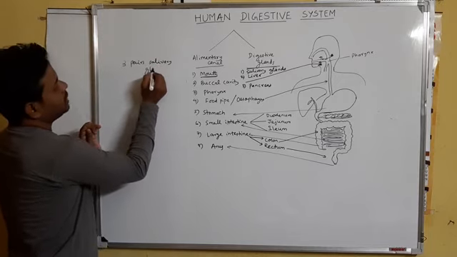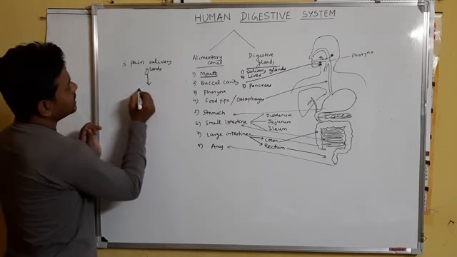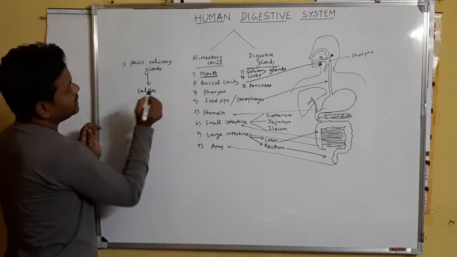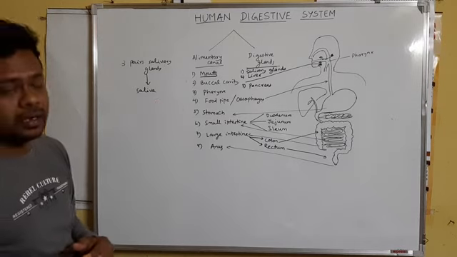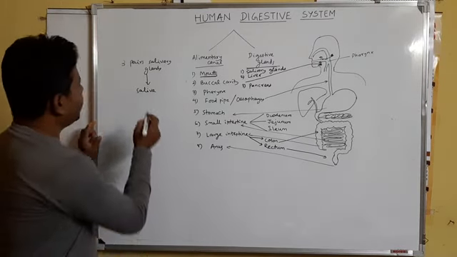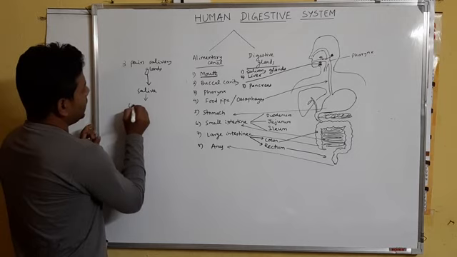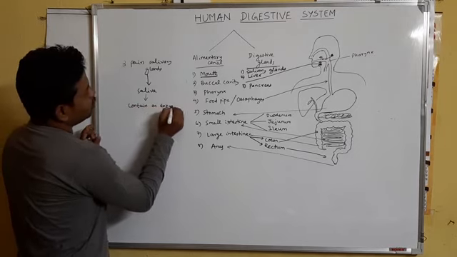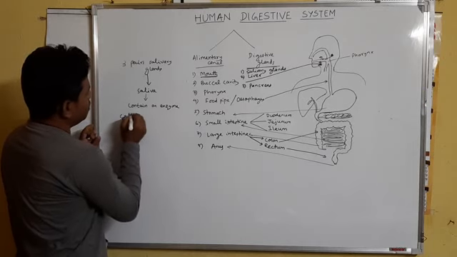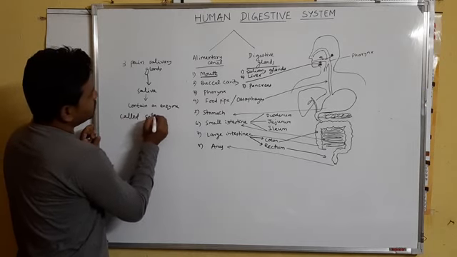The 3 pairs of salivary glands secrete saliva, and this saliva has a very great role in digestion because the saliva contains an enzyme called salivary amylase.